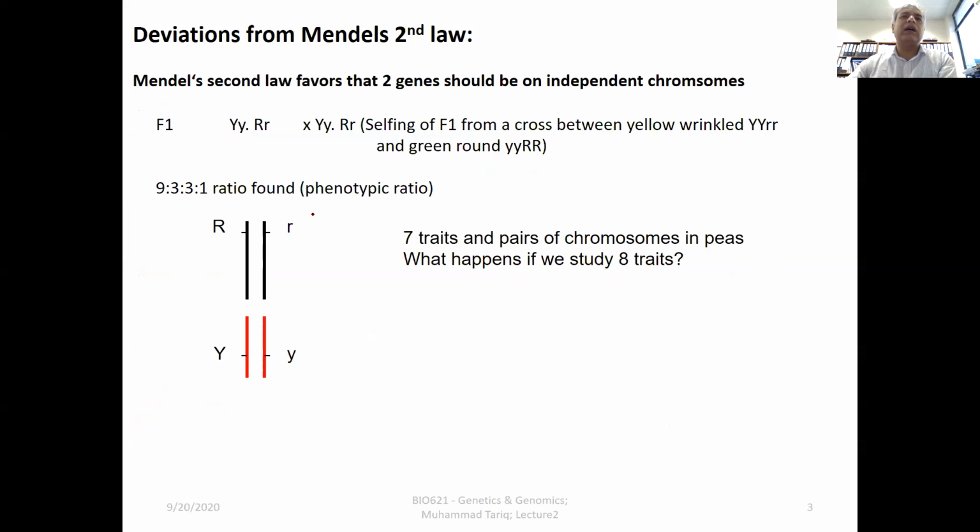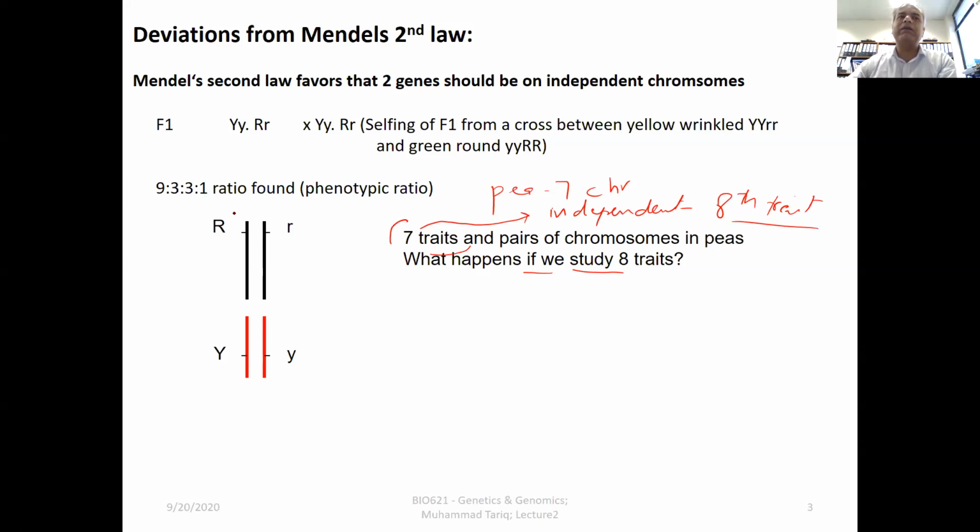According to Mendel, we studied this, Mendel was lucky. He studied 7 traits, and each of these traits was on an independent chromosome in peas. What happens if Mendel, or we, study an 8th trait? Because peas have 7 chromosomes, and each of these traits was on an independent chromosome.